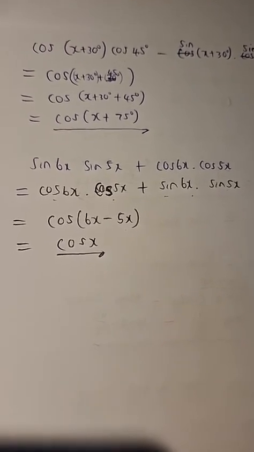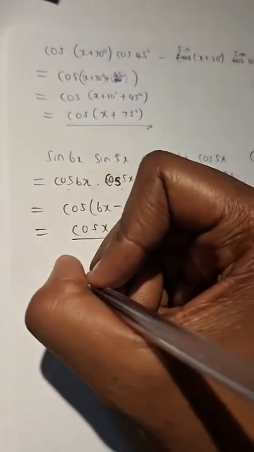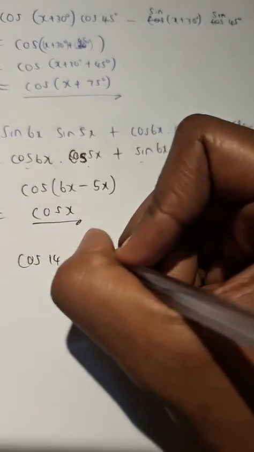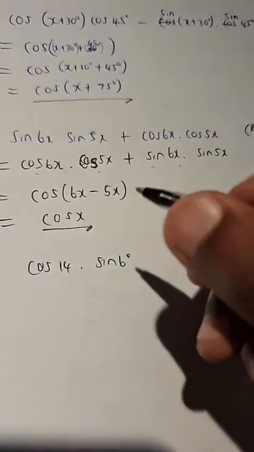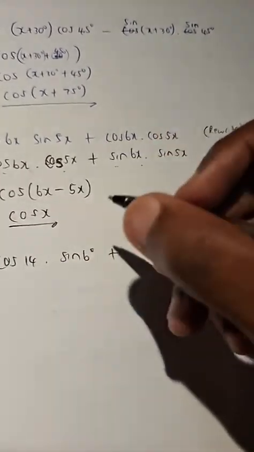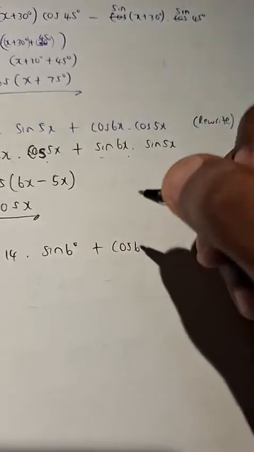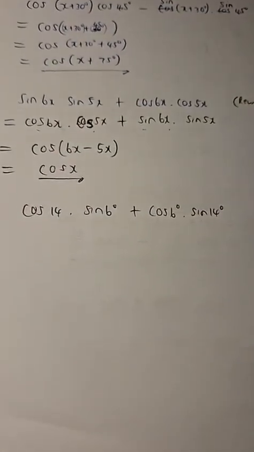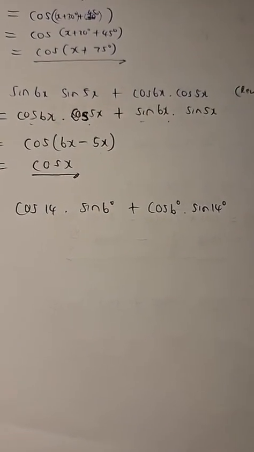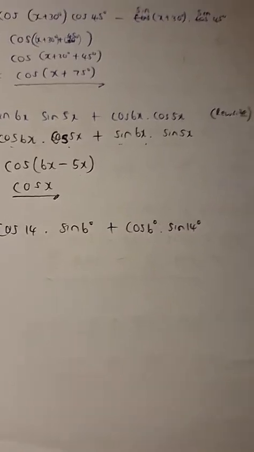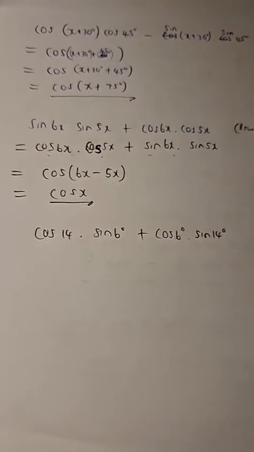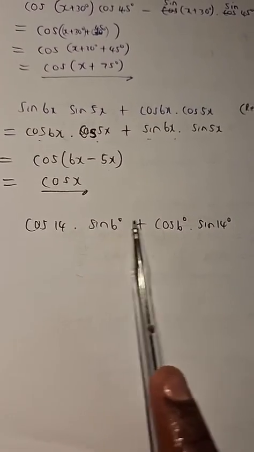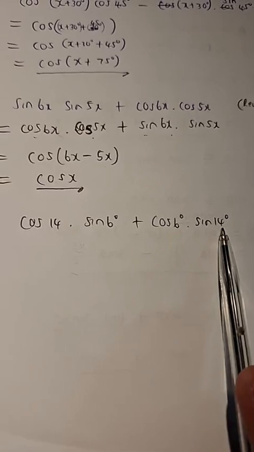Okay, let's look at another one. Cos 14 times sine 6 plus cos 6 times sine 14. Right, this is a single trigonometric ratio. So once again, look at this: cos 14 sine 6, cos 6 sine 14.